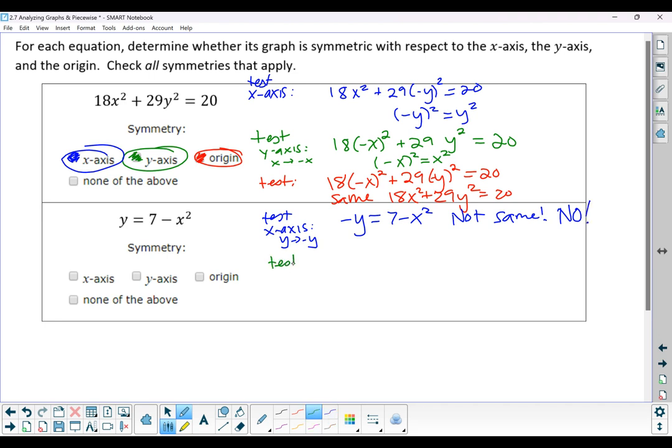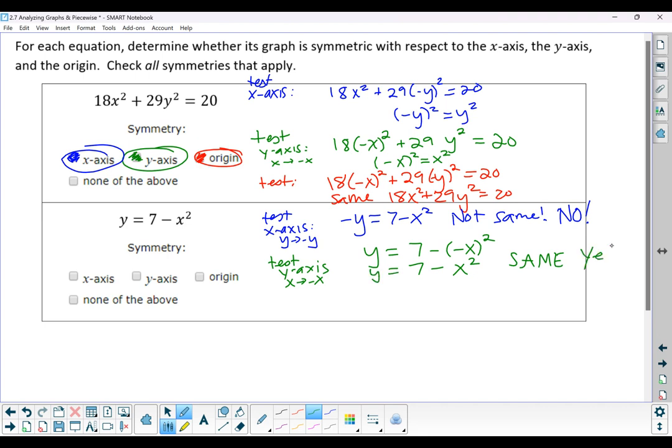So we're going to test the y-axis symmetry by changing the x to a negative x. So this would be y equals 7 minus negative x squared. Well, that negative x squared is the same as a positive x squared. So this is the same equation.